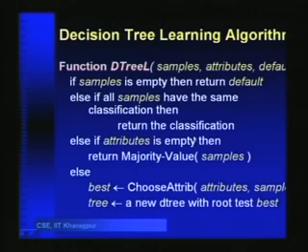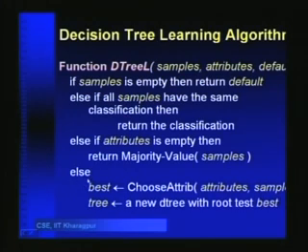So, if you have all yeses, then return yes, if you have all no's, then return no. Otherwise, if attributes is empty, if there is no other attributes to split the set of samples, then return majority value among the samples. So, if we have 5 no's and 3 yeses, then return no.